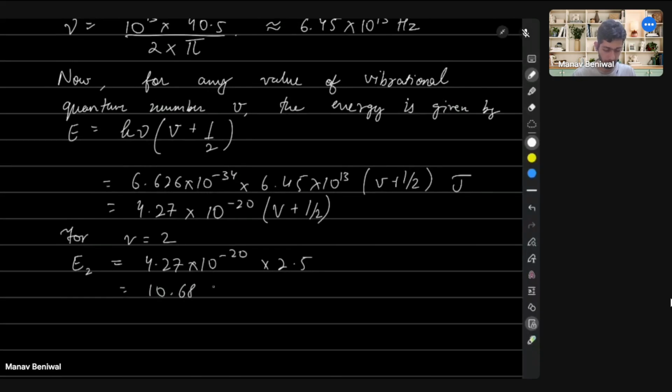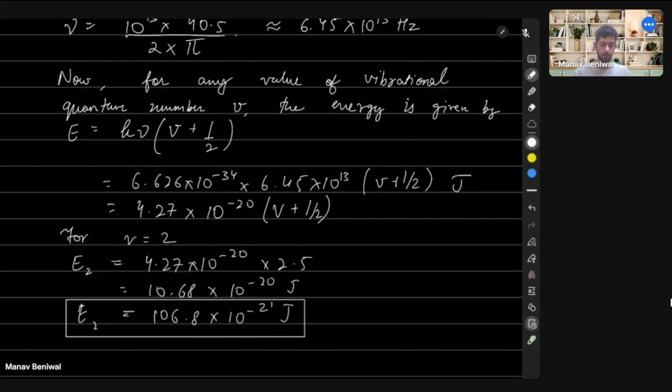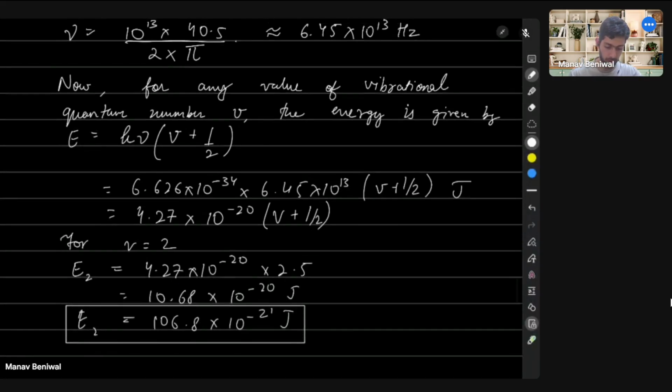10.68 × 10 to the minus 20 joules, or 106.8 × 10 to the minus 21 joules. So E2 is roughly this value, 106.8.